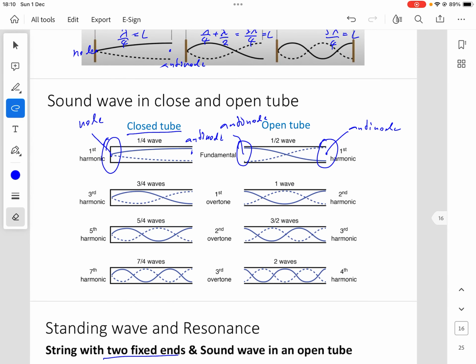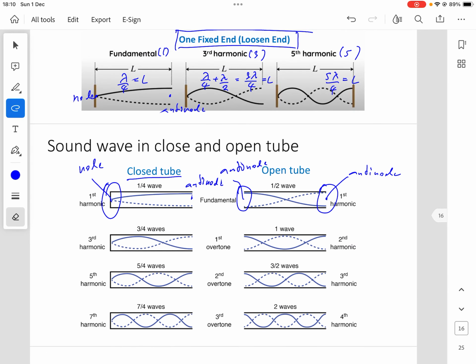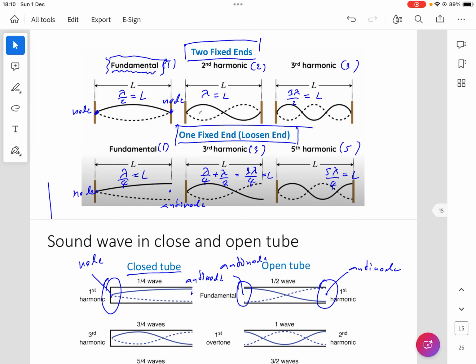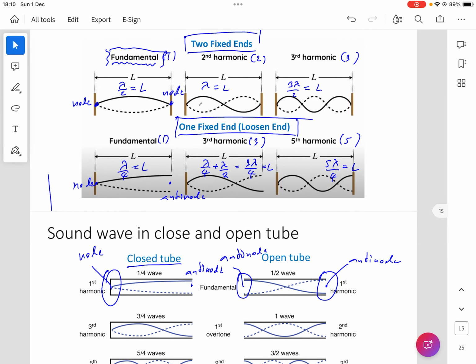Then we come back to the case of the open tube. You see that it's different if you compare this with the two fixed ends. In the two fixed ends, you get nodes on both sides and an antinode in the middle. But for the open tube, you get antinodes on both sides and a node in the middle.